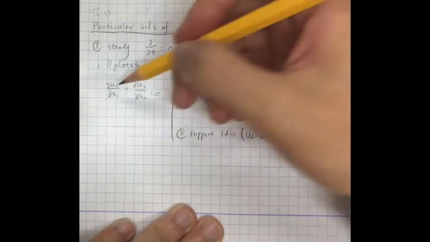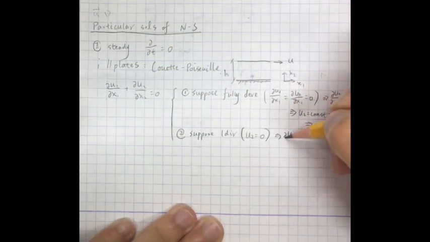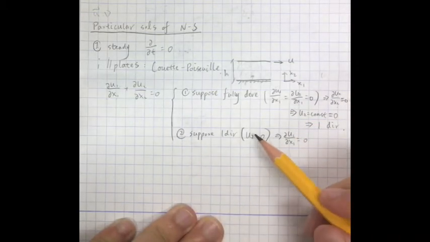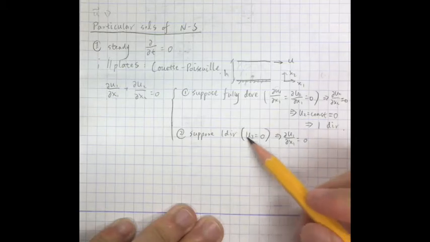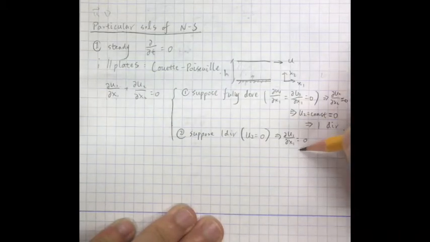So we have du1/dx1 equals 0, right? And what does this mean? Fully developed, right? The u doesn't change with x1. Neither does u2 change with x1, because u2 is constantly 0. So we still have the same conclusion, which is the flow is fully developed.